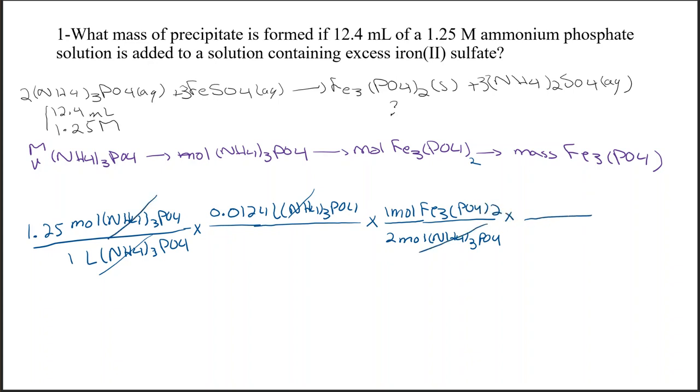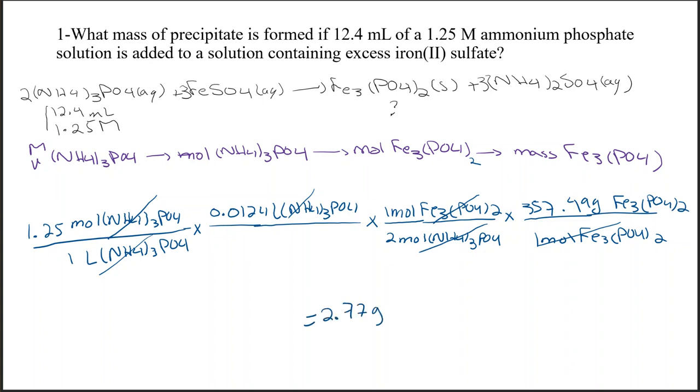Now to convert this to mass, we know that each mole of iron 2 phosphate is 357.49 grams. So from here, you would expect 2.77 grams of iron 2 phosphate.